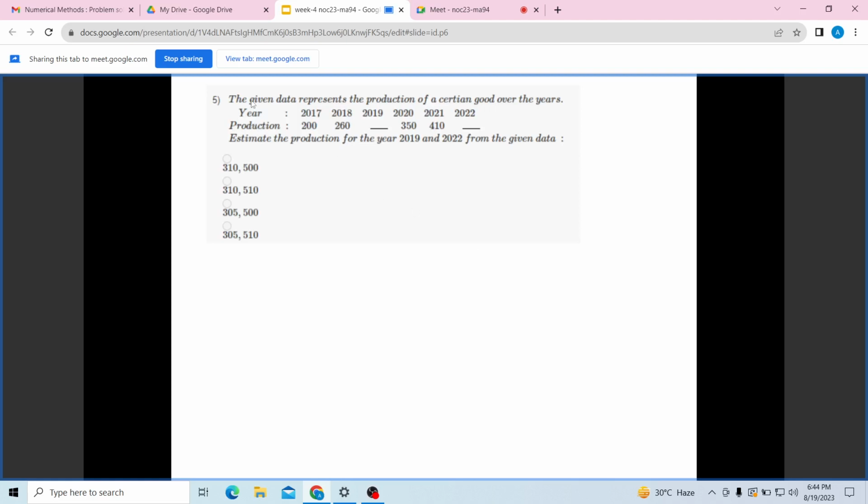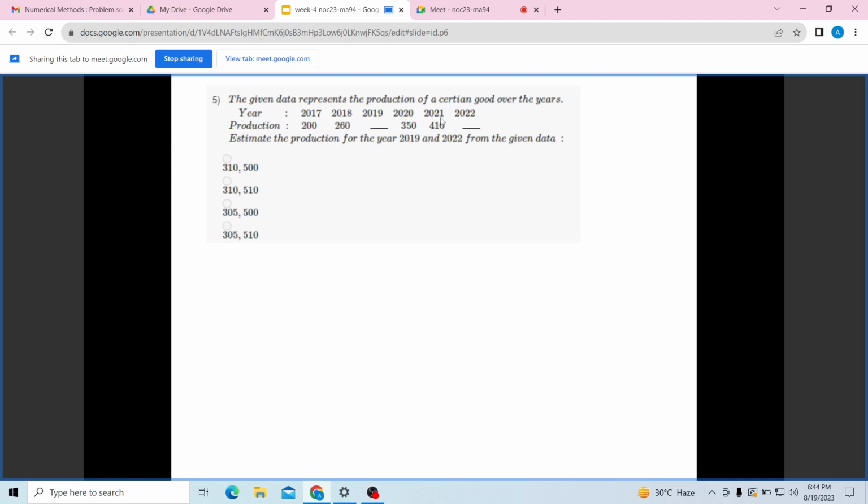So question number 5 is, the given data represents the production of a certain good over the years. Okay, you have been given data of some good over certain years, like in the year 2017 the production was 200 units. In the year 2018 the production was 260 units. In the year 2019 you have to calculate. In the year 2020 the production was 350 units.